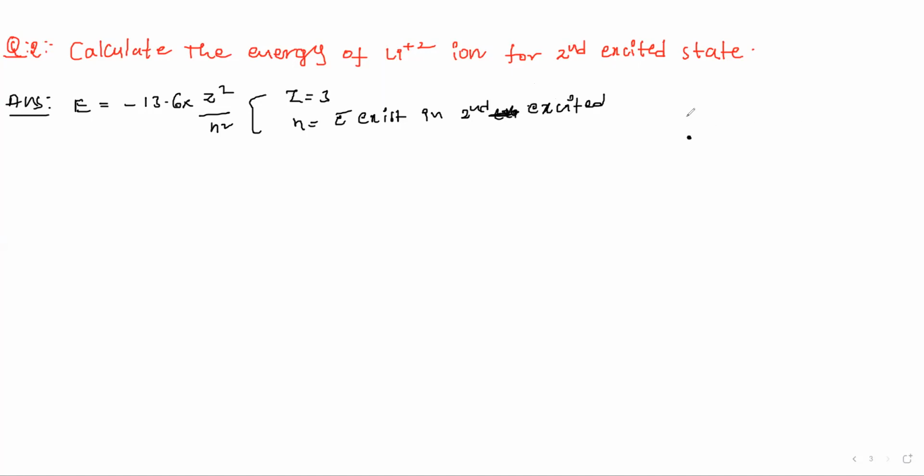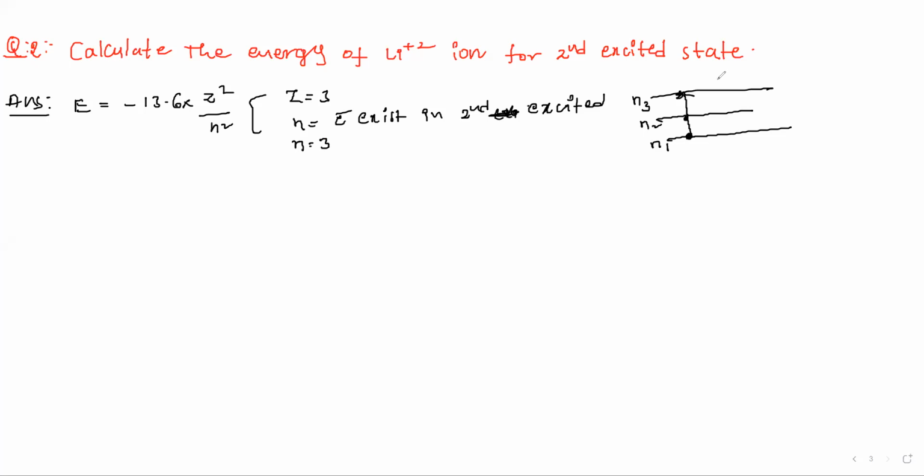For example, here this is the electron of lithium. This is the ground state. When it goes to the first excited state, it means the next shell, and the second excited state means the third shell. So N is equal to 1 for the first shell, N is equal to 2 for the second shell, and N is equal to 3 for the third shell. So this is the ground state level, and it is going to the second excited state. Second excited state means what is its N value? N is equal to 3.